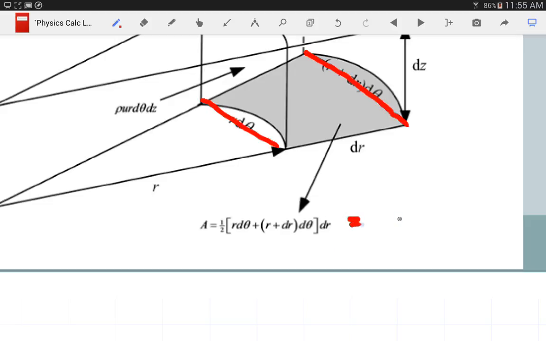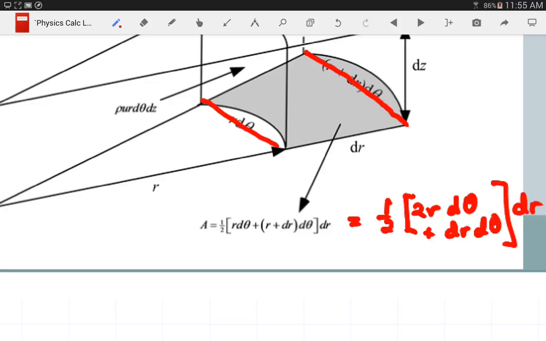When you do this, you're going to have 1/2, combining terms, I have an r d theta and another r d theta, 2r d theta, plus dr d theta, and then the dr at the end. Now's where you wonder why they spent the time.